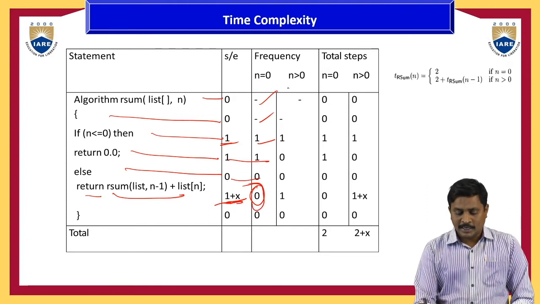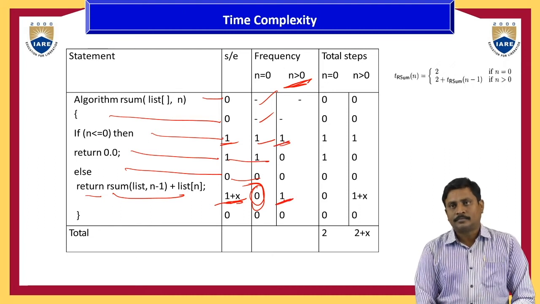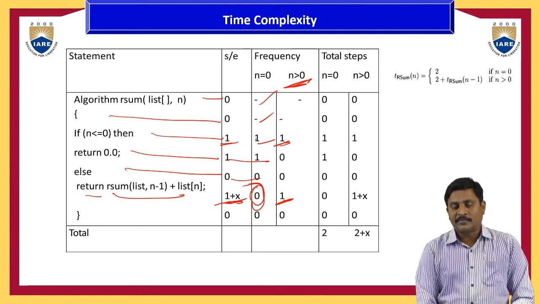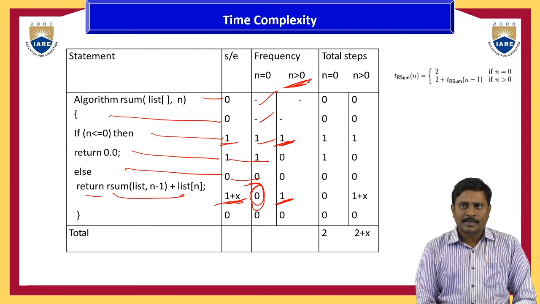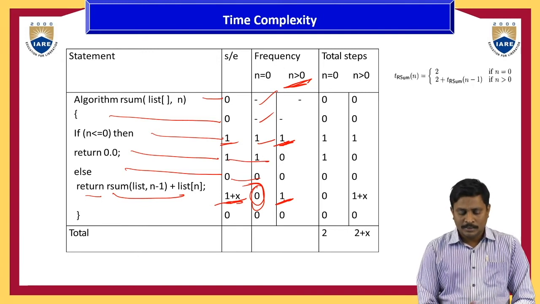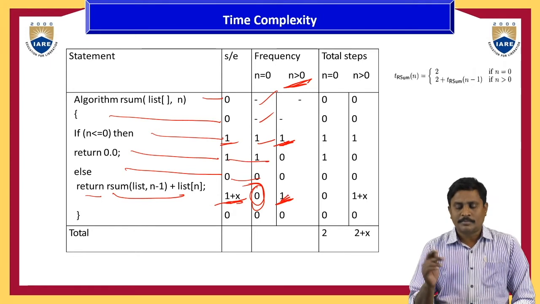If n is greater than 0, it executes 1 time. This n less than or equal to 0 also executes 1 time. Here 2 cases are there: n equal to 0 and n greater than 0. If n is greater than 0, this if n less than or equal to 0 is executed 1 time. That condition is not satisfied, which means the corresponding return is not executed. This return function is executed 1 time.